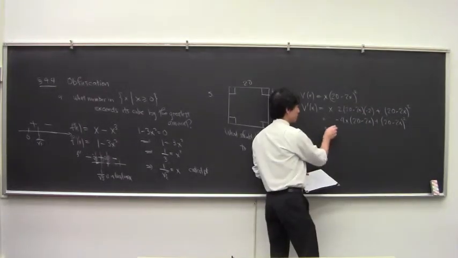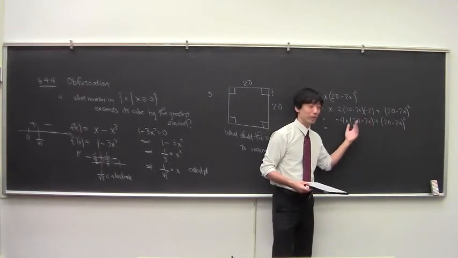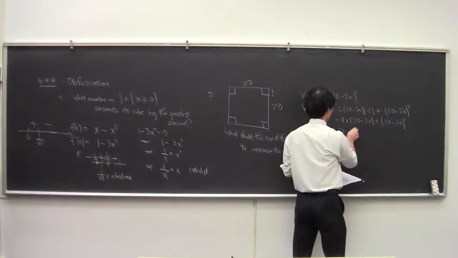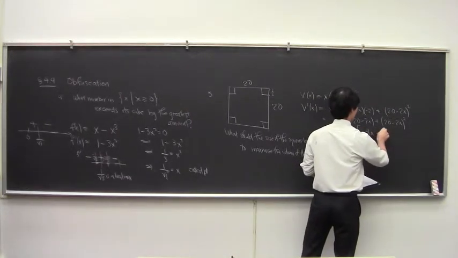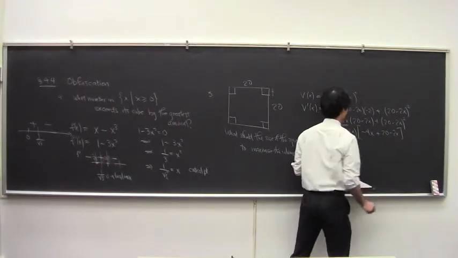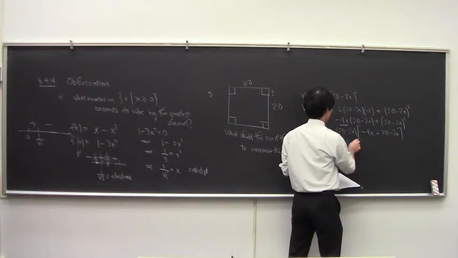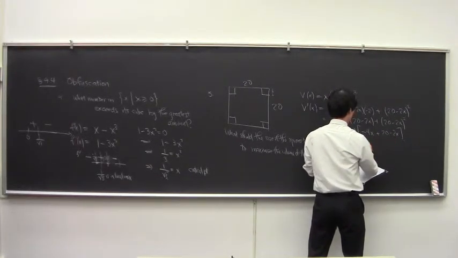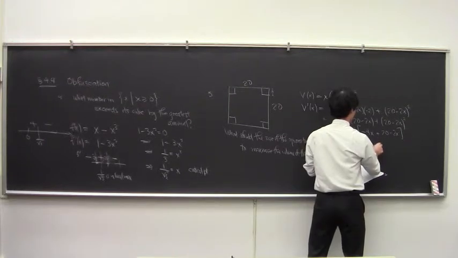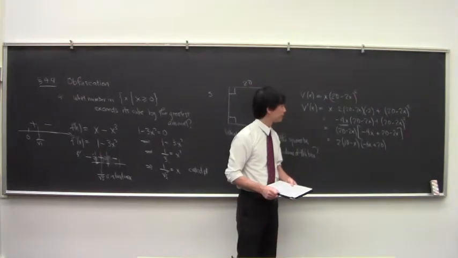And then, what do you do here? You can factor it. So you say, let's factor out 20 minus 2x. We're left over with a minus 4x plus 20 minus 2x. And so you get 10 minus x, and you have here negative 6x plus 20. Okay.